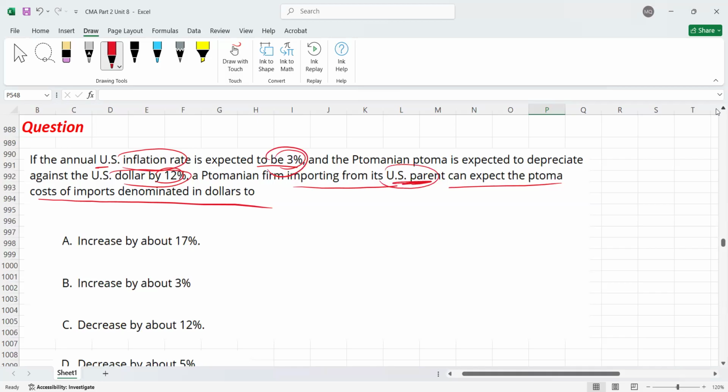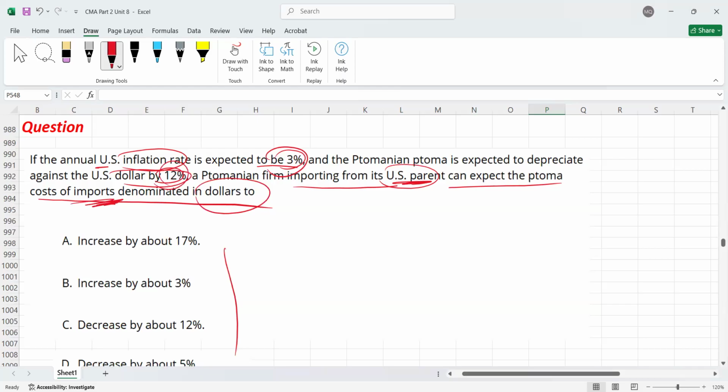And another piece of information is that Potama is depreciating by 12%. If we are importing goods and there is inflation in the USA, but our currency is also devaluing, they're asking whether the cost of imports denominated in dollars will increase or decrease, in percentage, because you can see your options are available in percentage.